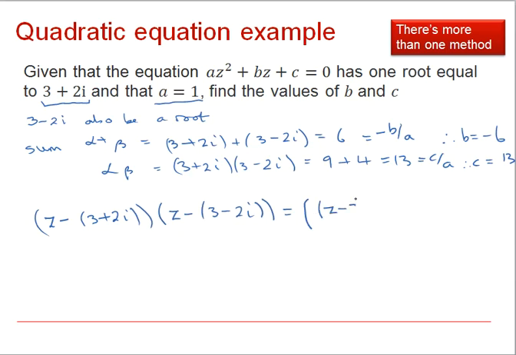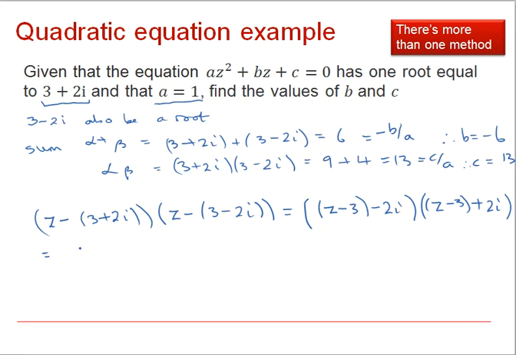I'm going to move that so it's z minus 3 minus 2i and z minus 3 plus 2i. All I've done there is just to move the brackets within the brackets. I haven't actually changed anything other than the brackets there.